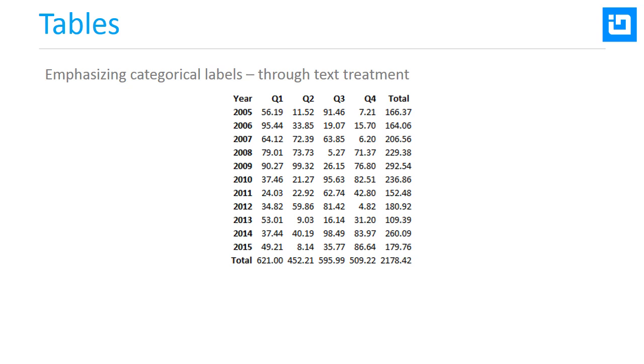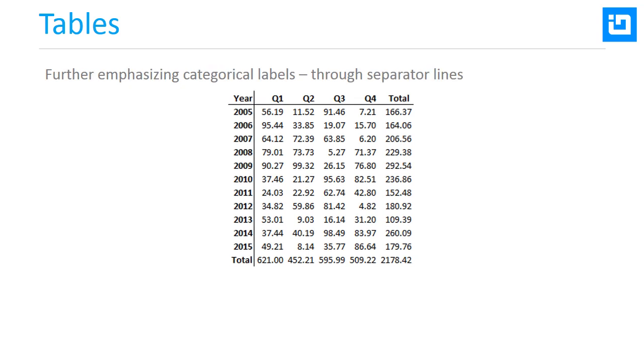So here I actually decreased the data-to-ink ratio, but I did this to make the distinction clear between what are categorical labels and what are the actual quantitative data points in that table. I can make this even a little bit stronger by introducing just separator lines for these categorical labels to separate them from my values. I can do that, and okay, this now looks very clear.